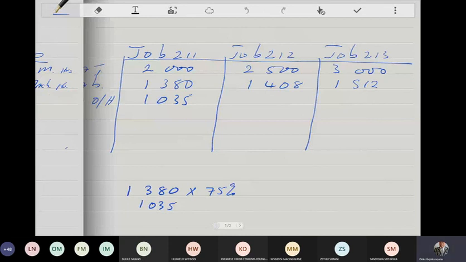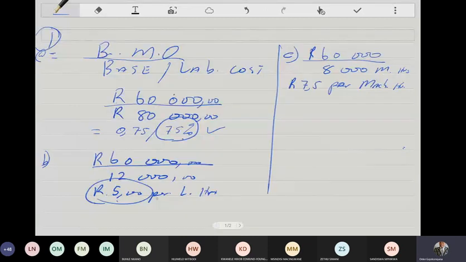Can you see the importance of what I was saying to you guys, that you need to know that it is 5 rand per labor hour. So you say, okay, I do know the rate, it's 5 rand, but the question is for how many hours?